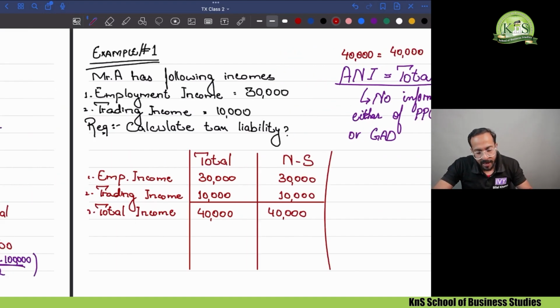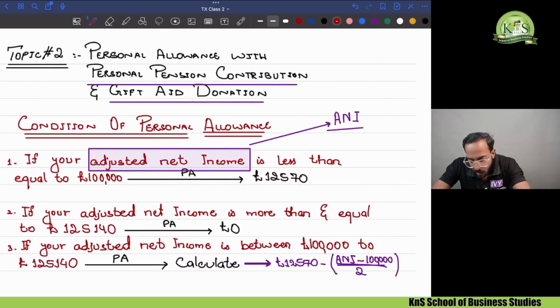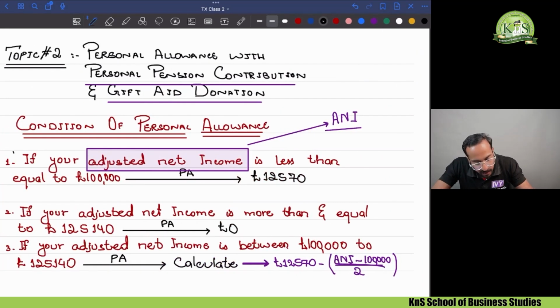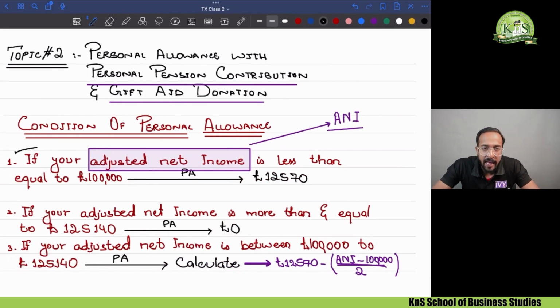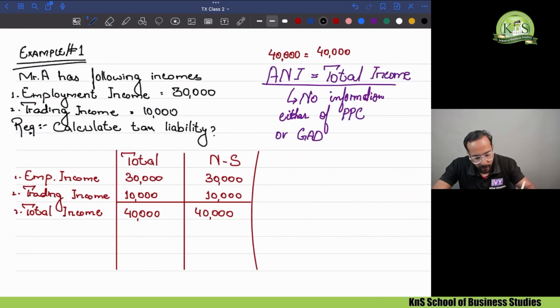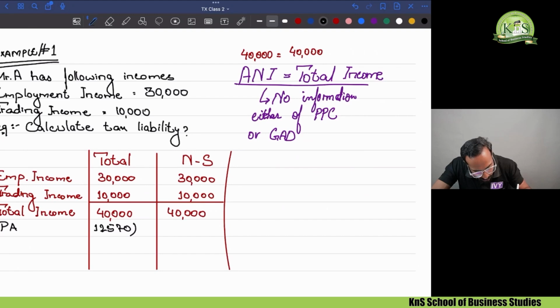So here we are meeting point number 1: if your ANI is less than or equal to 1 lakh, your personal allowance will be 12,570. That is the normal personal allowance.